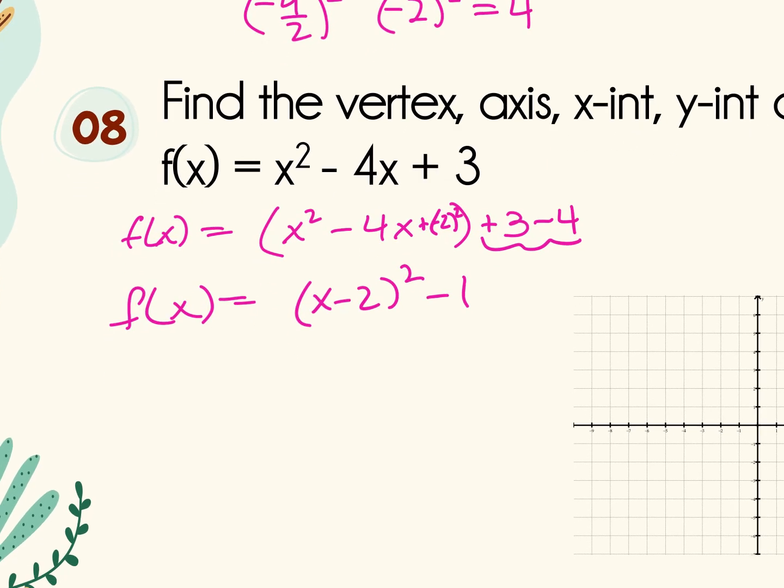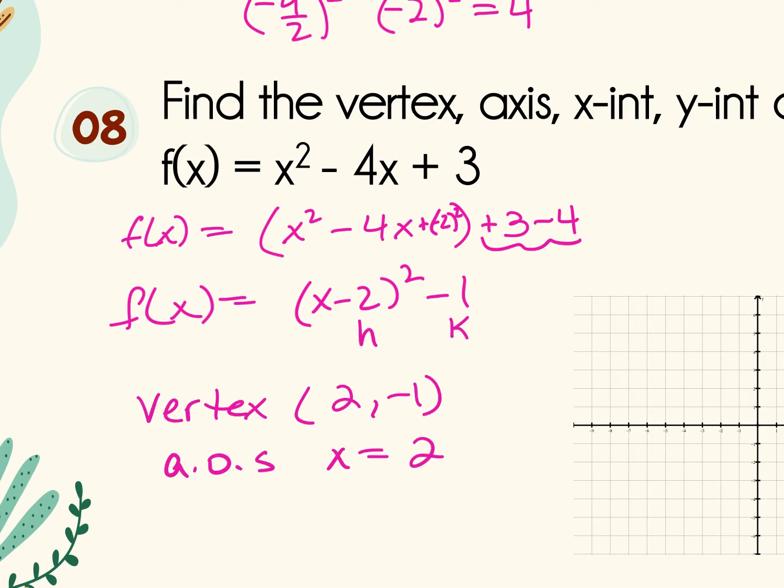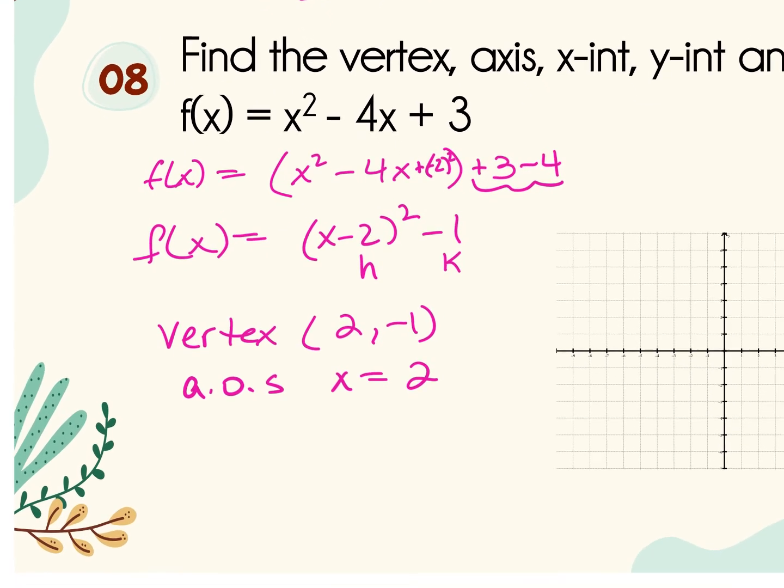I can pull out my vertex, my h and my k. So my vertex is located at (2, -1). My axis of symmetry, remember, is an equation, and it's x equals that h value. And then for my y-intercept, I now can just go back to the original and take the c value.